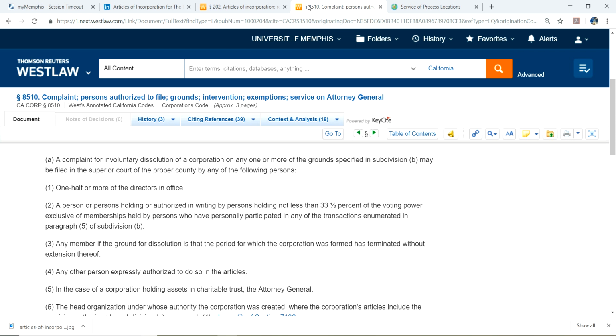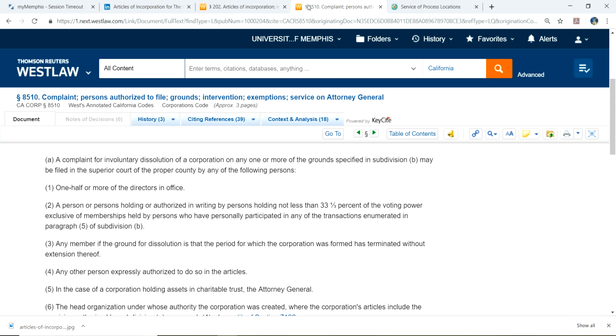And under the California Corporations Code, Section 8510, it says under Section A, a complaint for involuntary dissolution of a corporation on any one or more of the grounds specified in subdivision B may be filed in Superior Court of the proper county for any of the following persons.